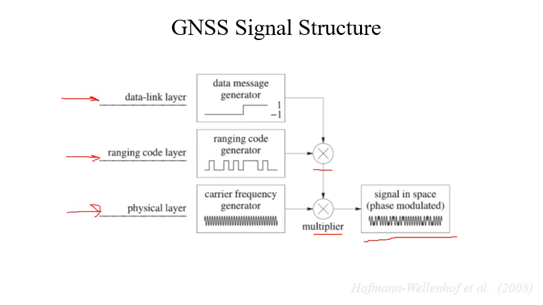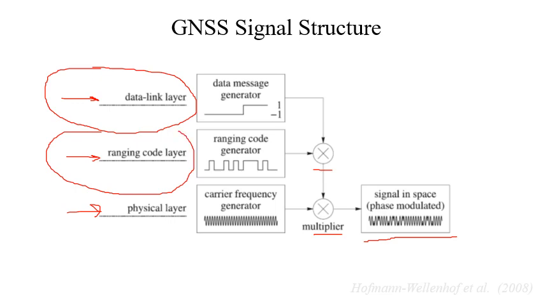The code layer is normally the measurement layer. By using this code layer, you determine the direct distance between the satellite and the receiver. The carrier frequency, or the physical layer, is needed because you need to send your navigation data signal, given here as the data link layer, and also the code layer to the receiver.